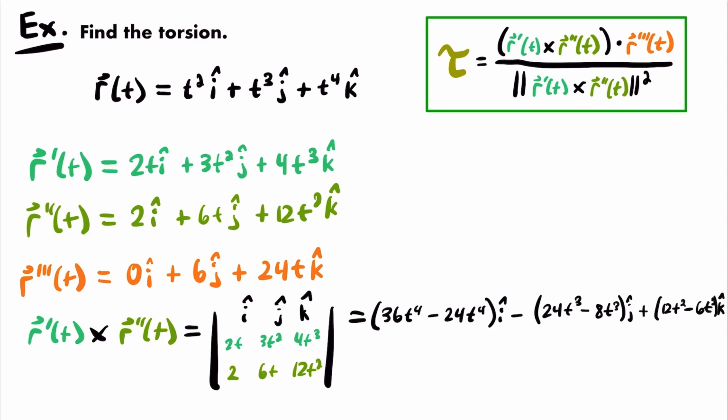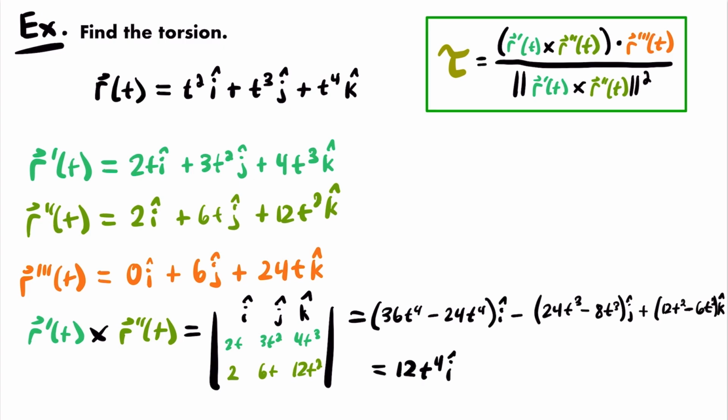Now we need to simplify, and nicely enough, each of these components contains like terms, so we can combine them pretty easily. 36t to the power 4 minus 24t to the power 4 gives us 12t to the power 4, multiplied by i.